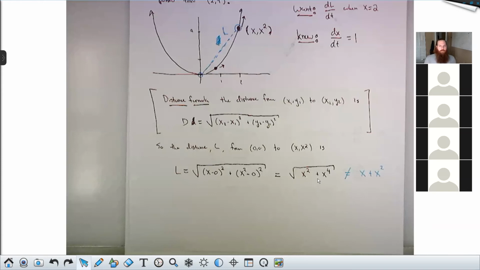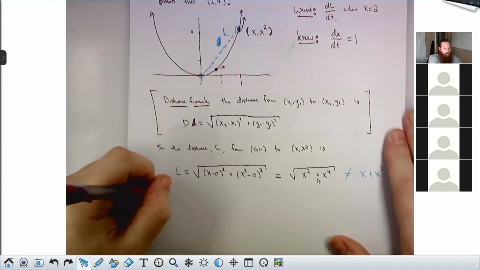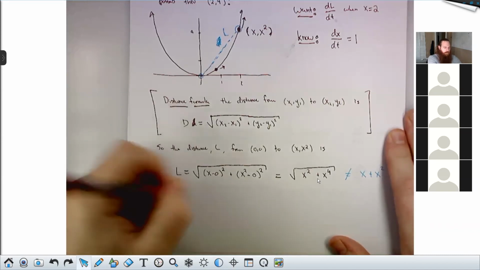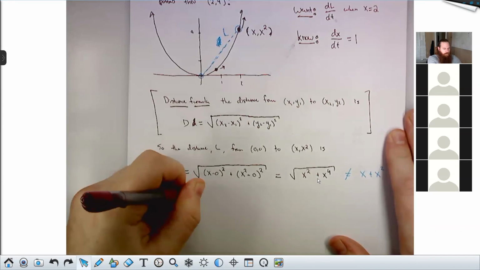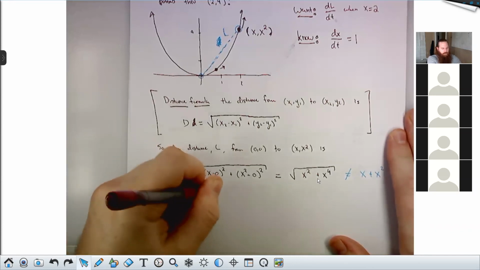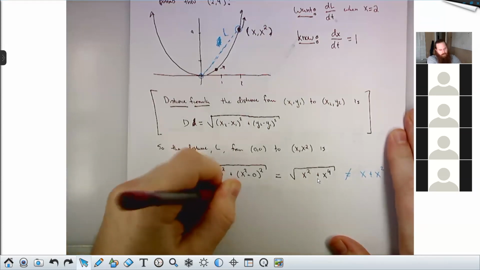Everybody comfy with that? You could factor x squared out under the radical and then split up the square root over that multiplication. That is an option. But there's an even better way to approach this problem, and it's to take this relationship and square both sides. So you get L squared equals x squared plus x to the 4.